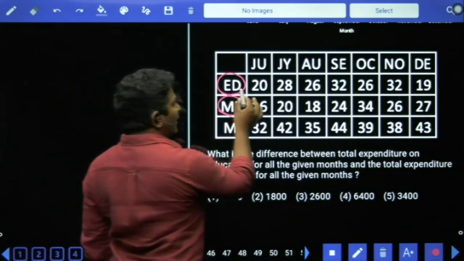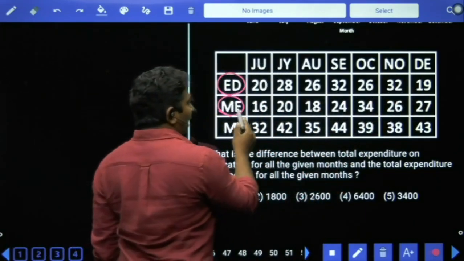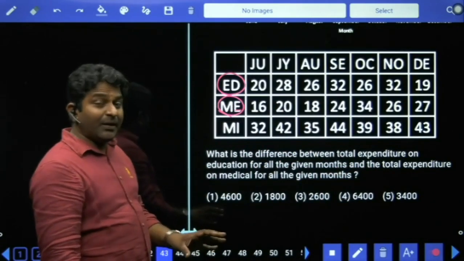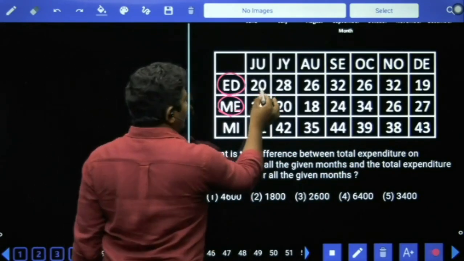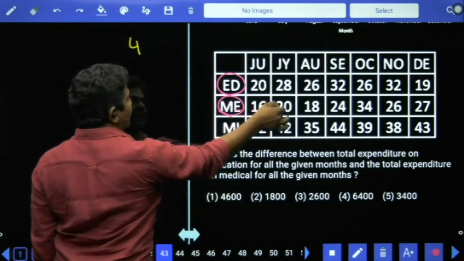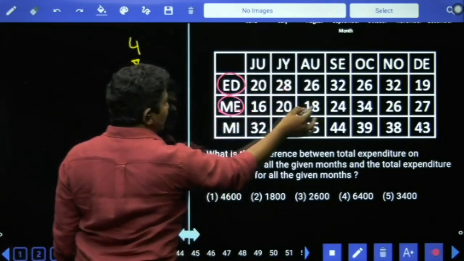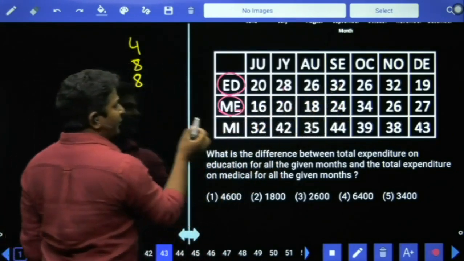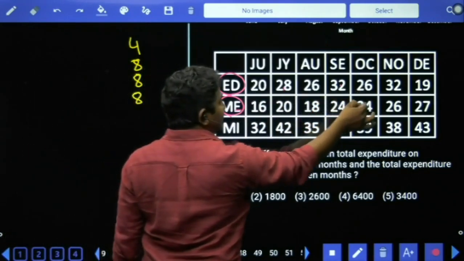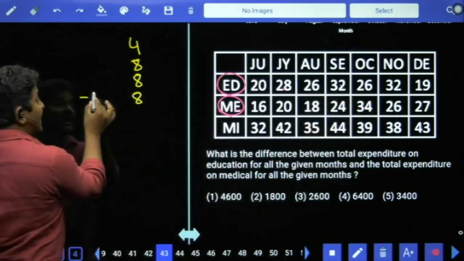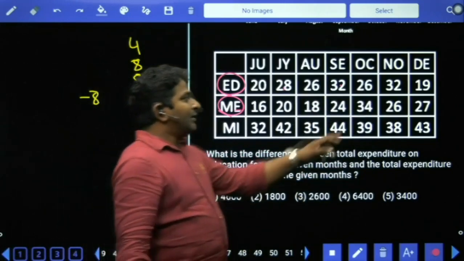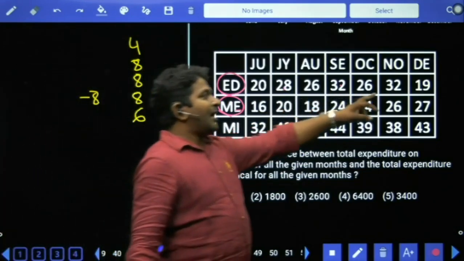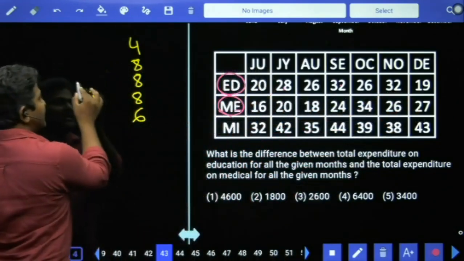So instead of calculating all the education values and all medical values and then taking difference, better to go for individual difference and then we will add all the values. 20 minus 16, 4. 28 minus 20, 8. 26 minus 18, 8. 32 minus 24, 8. 26 minus 34, minus 8. 32 minus 26, 6. 19 minus 27, minus 8.